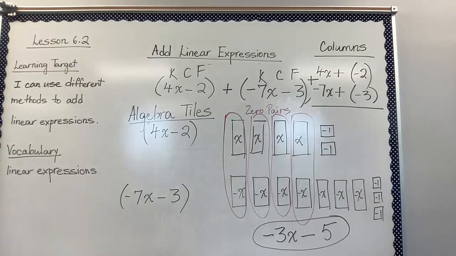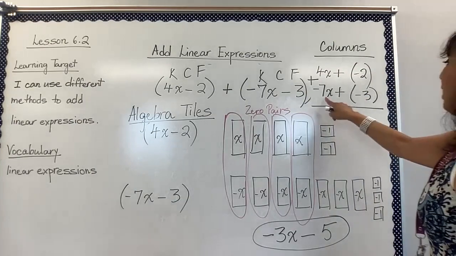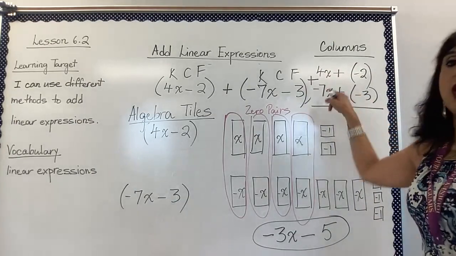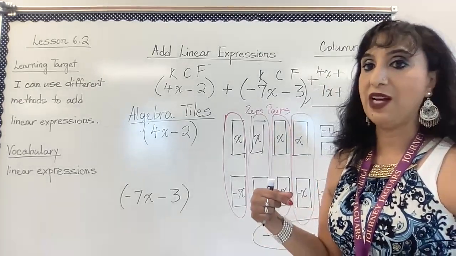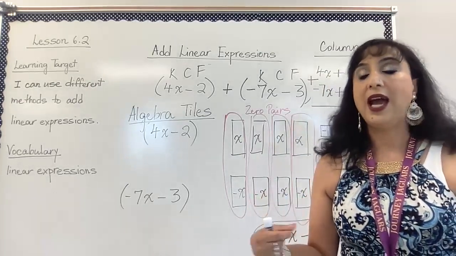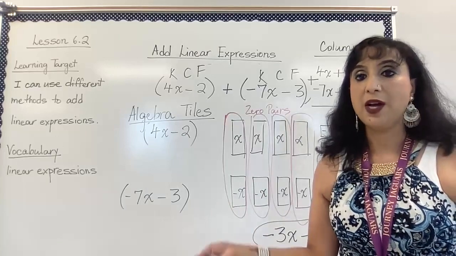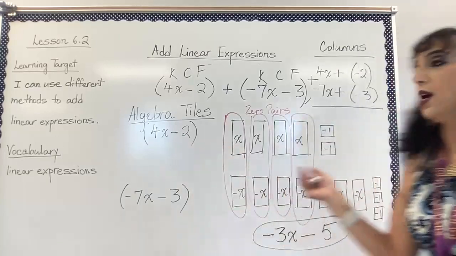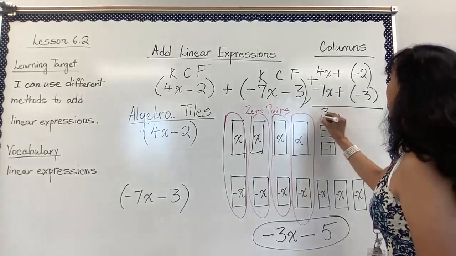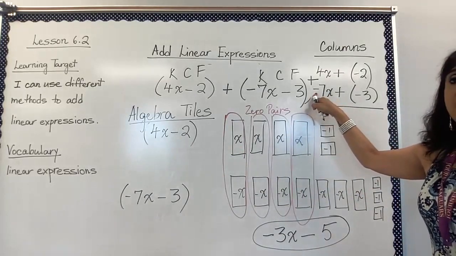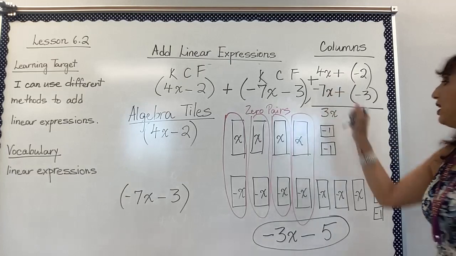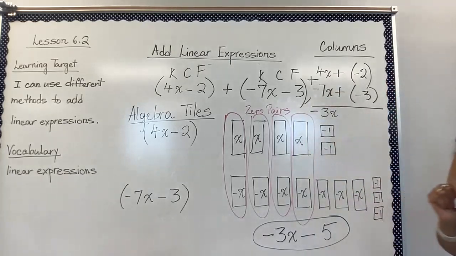Now, if I look at this one, what do I have? I have opposite signs. So based on the rules we've learned, we are going to take the absolute values of both and subtract and then give the sign of the bigger number. So what is 7 minus 4? I'm going to get 3x, and the sign in front of this 7, which is the bigger number here, is negative. So this is going to be negative 3x.